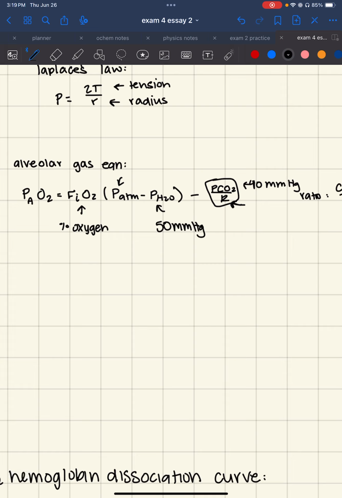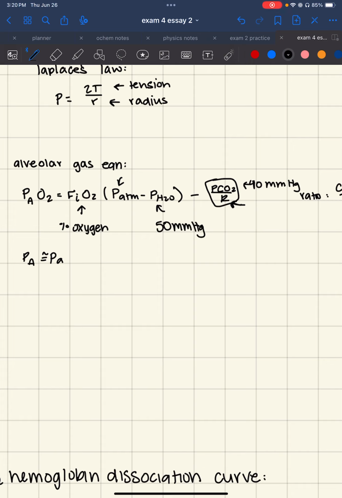This is important because as we move clinically, the pressure in the alveolus is going to equal the pressure in the blood, roughly. It's not exactly the same, but it's about the same as long as ventilation is occurring properly. So as long as we're moving air properly from our alveolus to our blood, those two should be roughly the same.